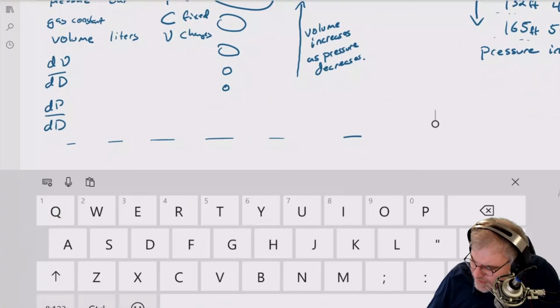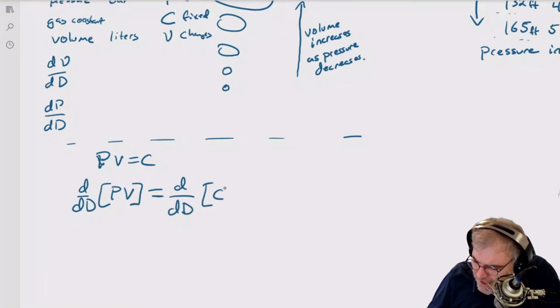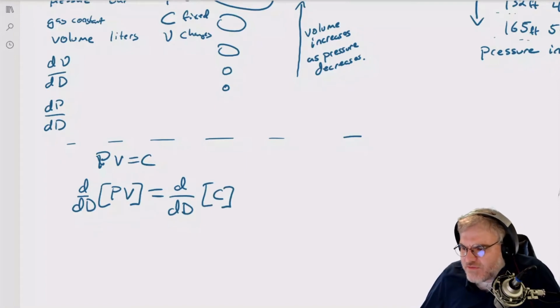So I'm going to take PV equals C, and take the derivative of both sides with respect to depth. Now, note, there's nothing fixed for me to sub in except the constant.